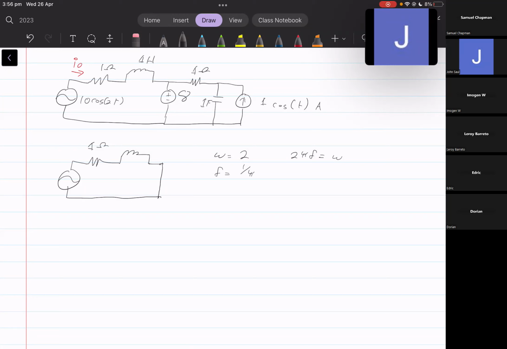Does that make sense to everyone? And then Z inductor is going to be j omega L, j2.